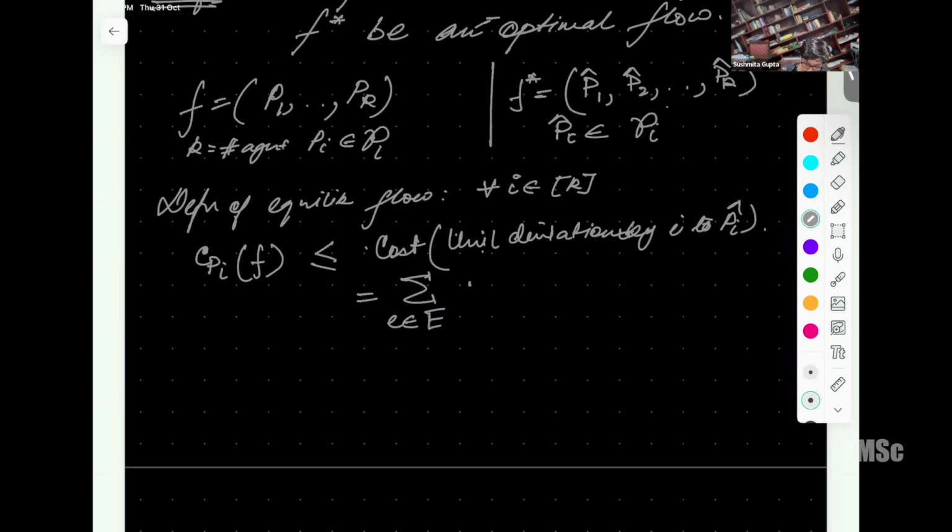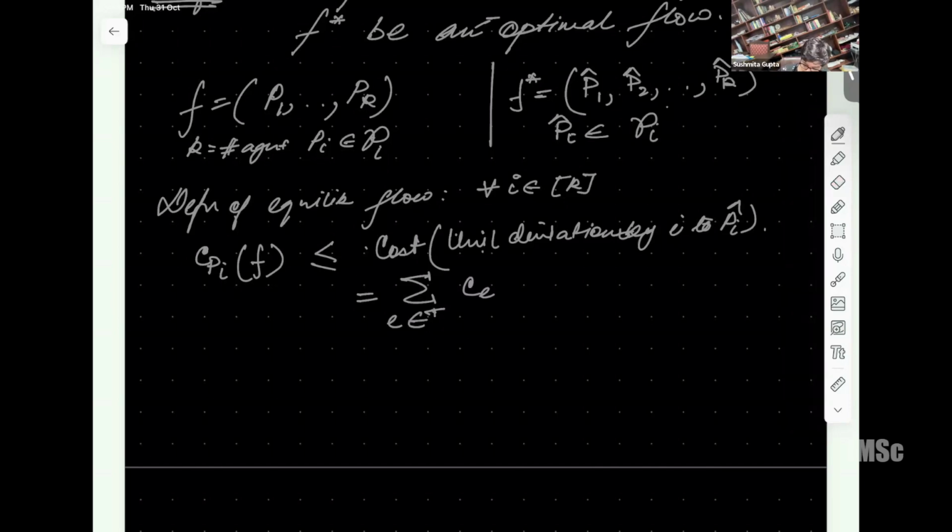It is the sum of CE, FE over the intersection of PI and PI hat, plus the cost due to the new edges. Correct?